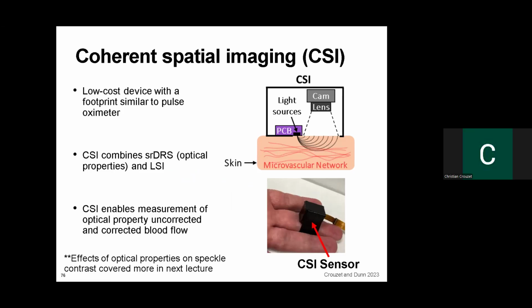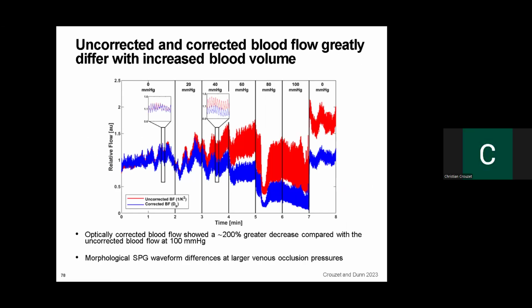But looking at a very, very small area. But yeah, this was definitely a kind of proof of concept for the coherent spatial imaging technology. But I think a lot of work can be done potentially utilizing this device to get blood pressure information or some other different analytes as well.